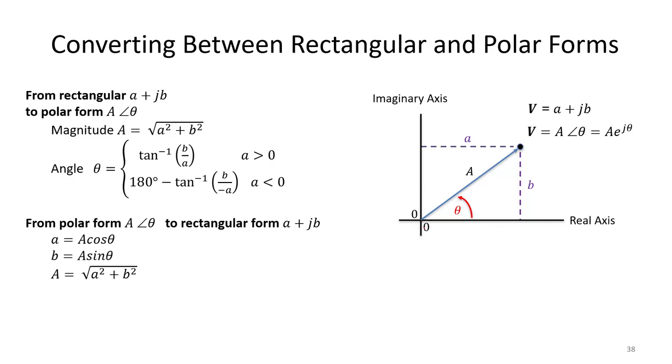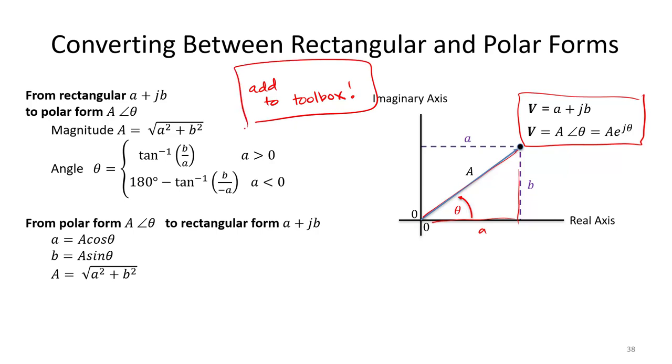So if we just draw a triangle, we recognize that we have a triangle with hypotenuse A and side lengths A and B. So we can easily convert between polar and rectangular forms using these equations. Please make sure you add these to your toolbox so that you know how to do these conversions. We'll do an example of this in just a moment.